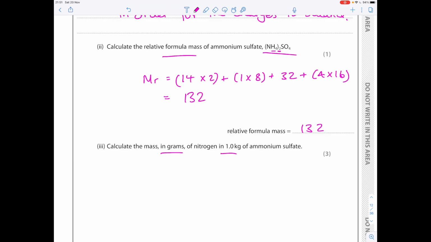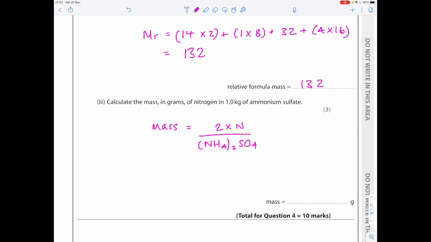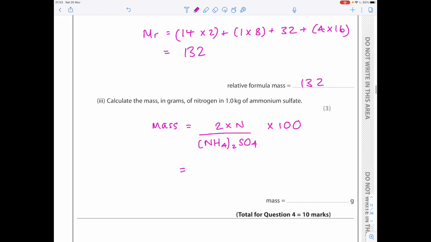Calculate the mass in grams of nitrogen in 1 kilogram of ammonium sulfate. So we need to find out what percentage of that compound is made up of nitrogen. So from here we can see that there are 2 lots of nitrogen, which is why we're doing that. So let's do that calculation. First of all, we times it by 100 to work out the percent that's made up of nitrogen.